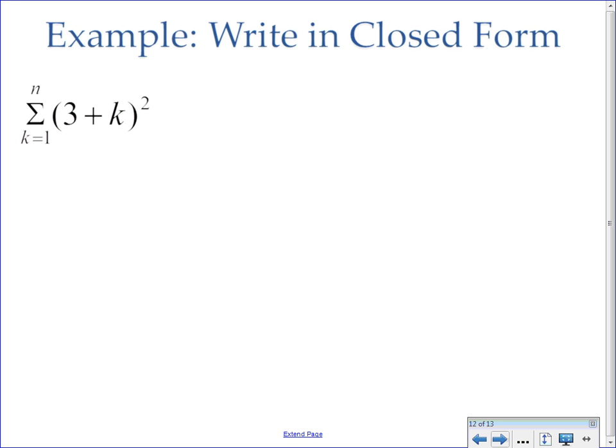First of all, we can't leave it as 3 plus k the quantity squared. Okay? But we know what 3 plus k the quantity squared is, don't we? 9 plus 6k plus k squared.